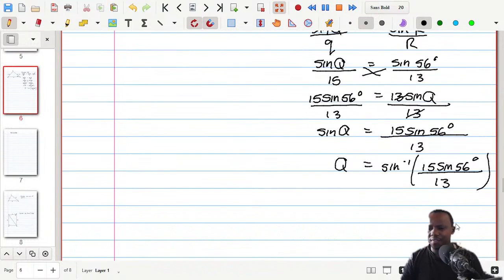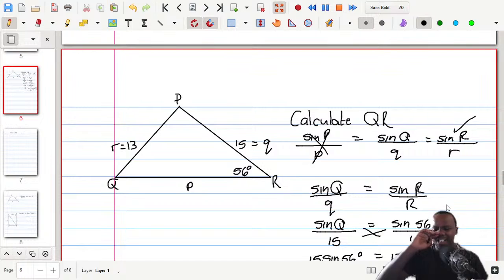Now you ask yourself, how is this possible? Well, our Q is undefined. If you get an angle or a side which is undefined, it simply means that the type of triangle does not exist. Yes, it is possible that you get tricked, where you're given a triangle that has an angle that you're supposed to calculate, but for some reason you get undefined.